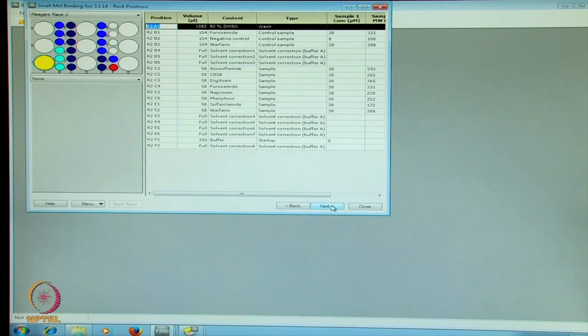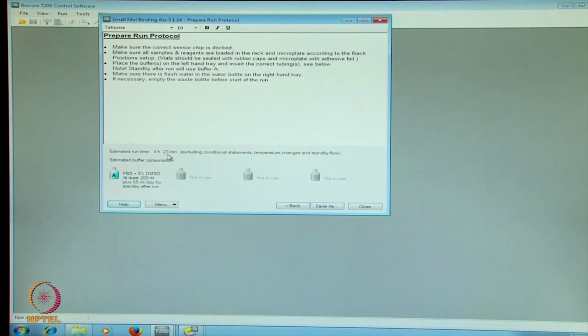We will say next, and the whole binding experiment including solvent correction takes 4 hours and 23 minutes and requires at least 200 ml of phosphate buffered saline with 5% DMSO included in the running buffer.